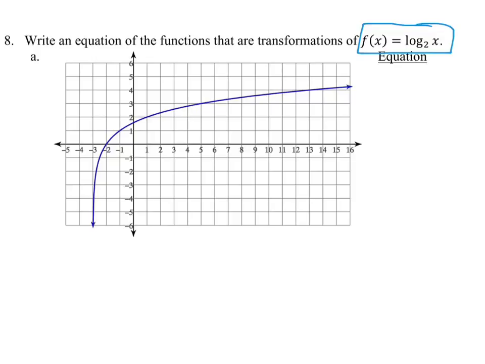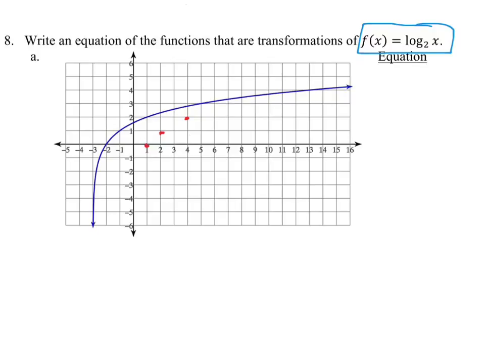One thing that makes this a lot easier for me is if I can see log base 2 of x in comparison to my transformation. So I'm going to look back on what we did on number 1, and I am going to sketch the graph of log base 2 of x. The way that I do this is I start at 0 and I look at powers of 2.